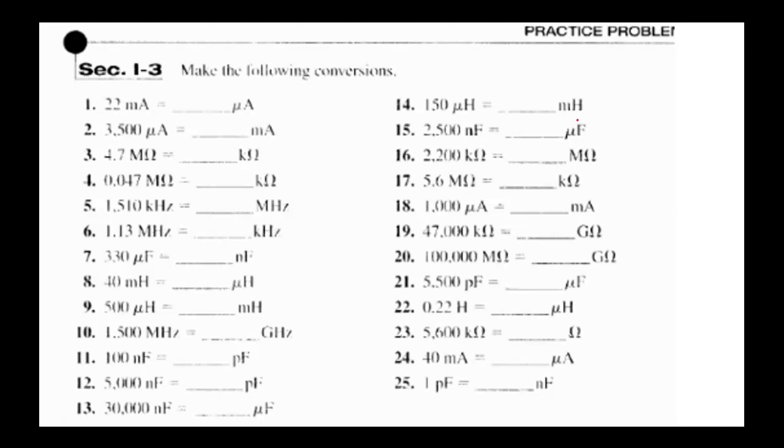Okay. So looking at number 15, I have 2,500 nano. So the very first thing I'm going to do is write it out. I'm going to start off by putting my 0, 0, 5, 2. To get to nano, how many times did I move that decimal? I moved it 9.